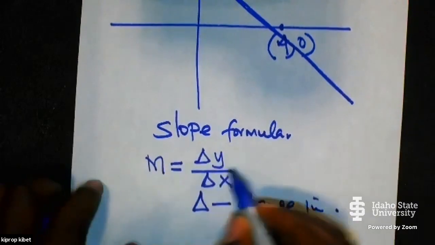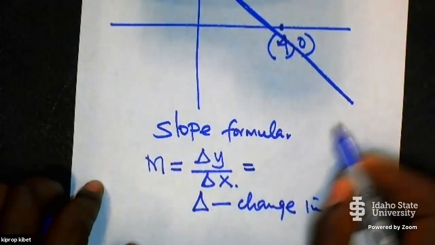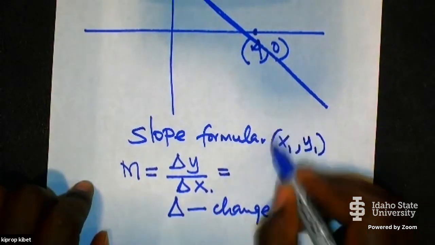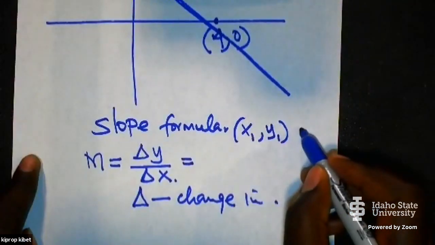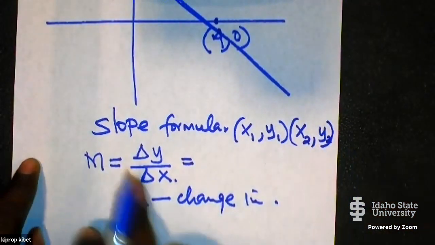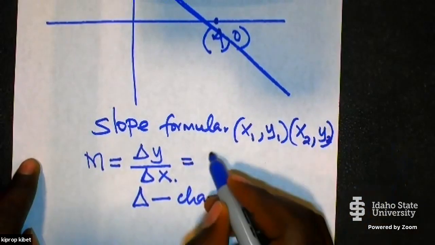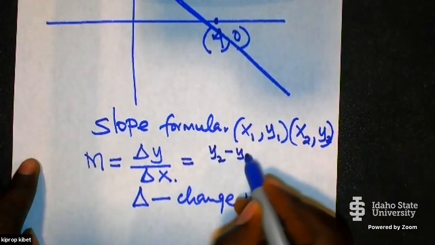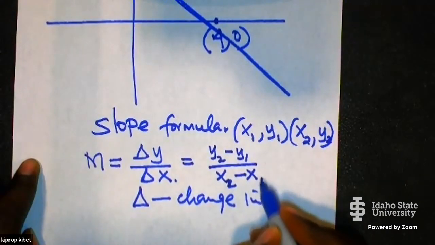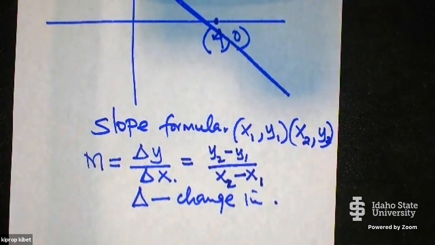So if we have the points x1 and y1 and another point x2 and y2, the change in y is y2 minus y1 all over x2 minus x1. The change in y all over the change in x.